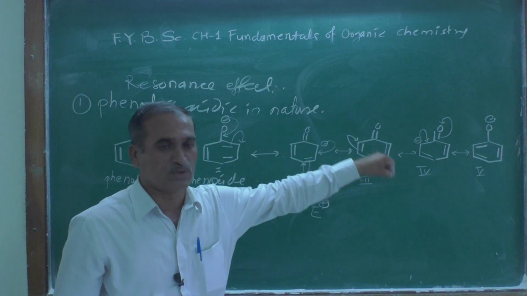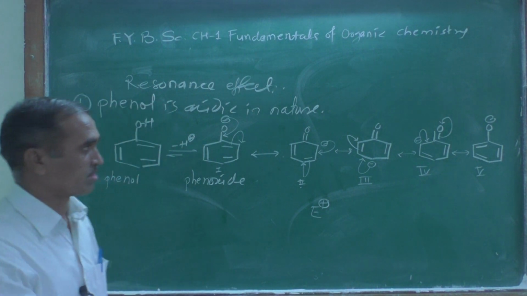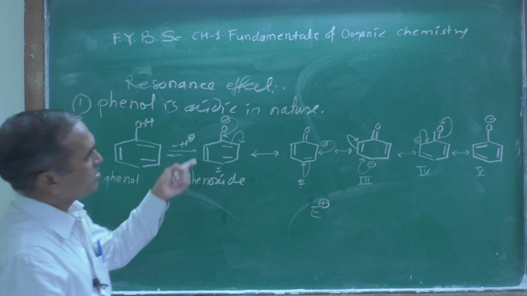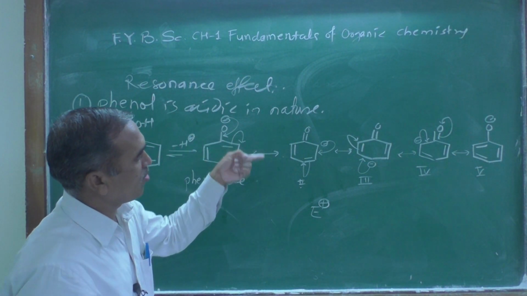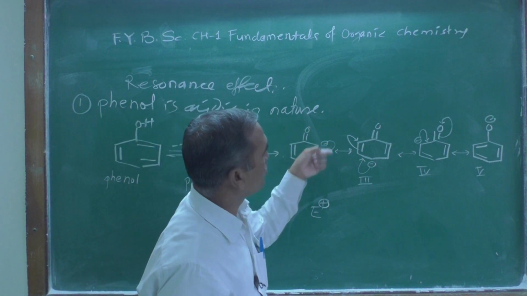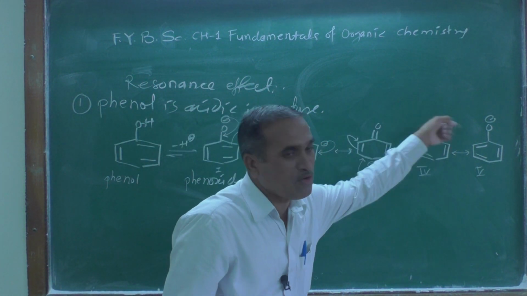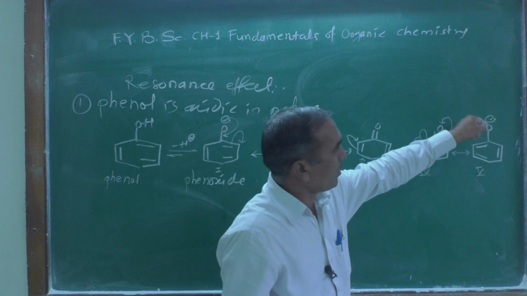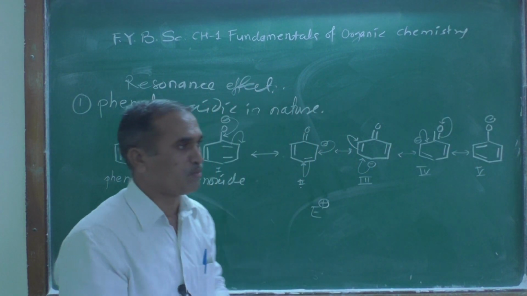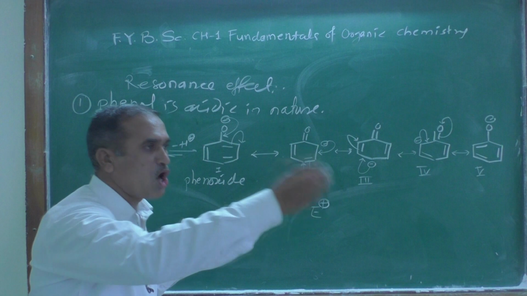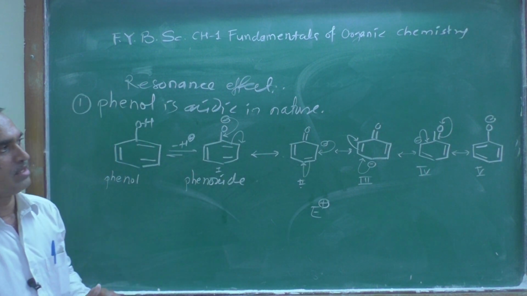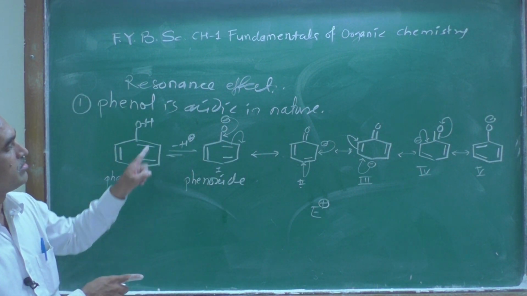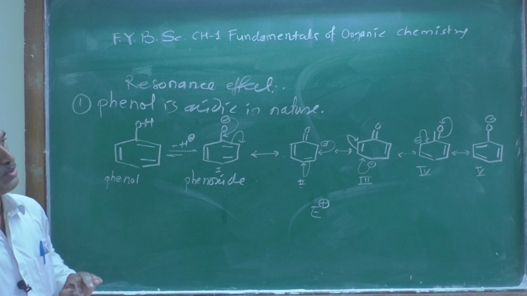Those are involved here, knowing the resonating structures, and that's why when this delocalization of the negative charge operates via pi bonds and again comes back to its original position, it takes a long time to come back, and then it will pick up a proton again.